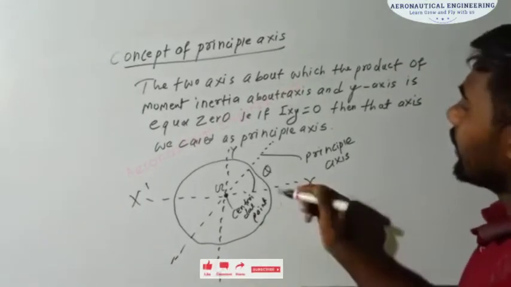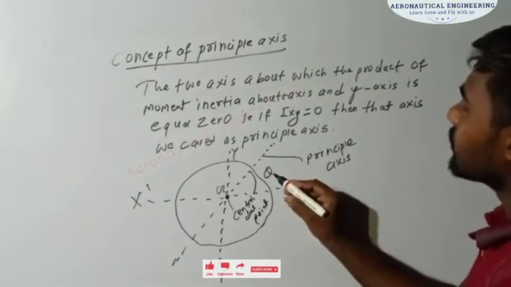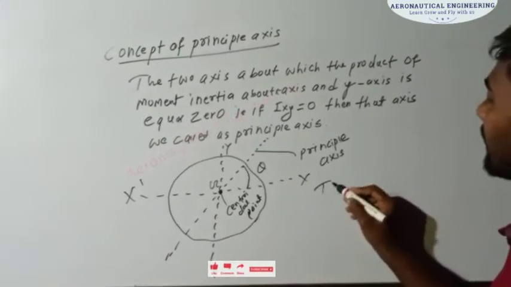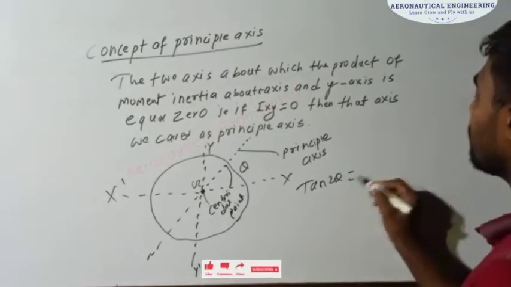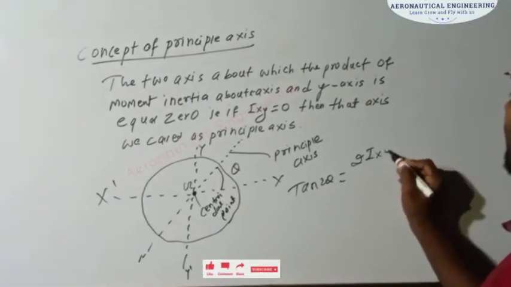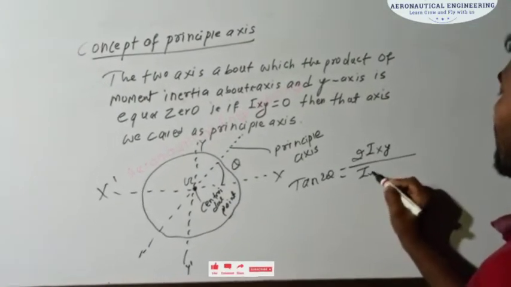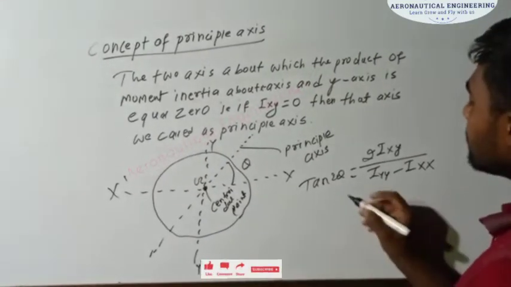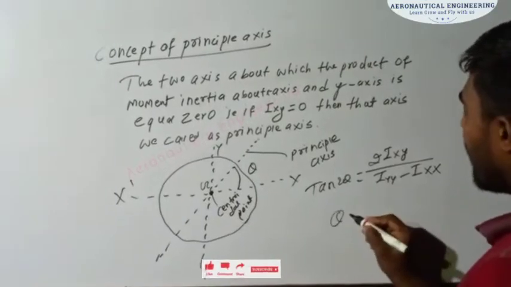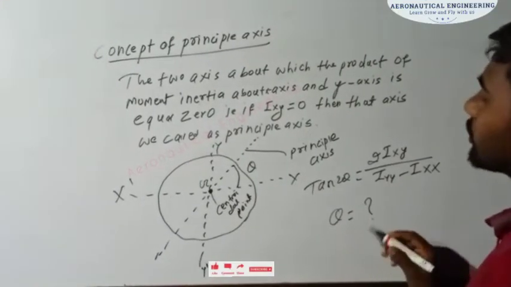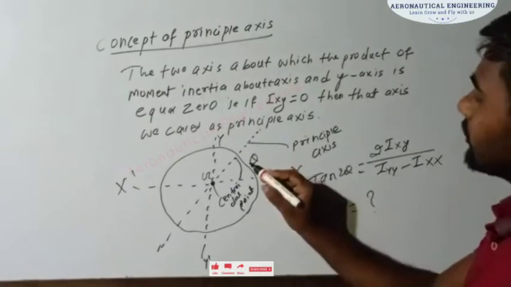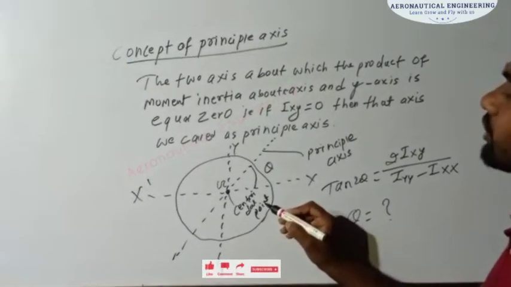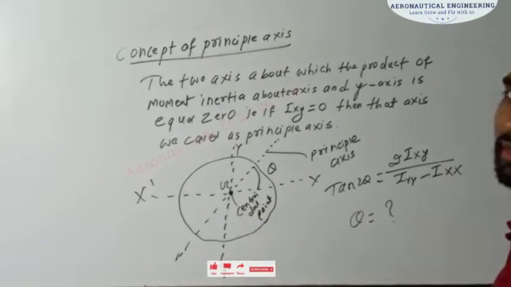To find theta, we use the formula tan 2 theta equal to 2Ixy upon Iyy minus Ixx, and calculate the theta value from here. So we can know the inclination of the principal axis with respect to the centroidal axis for this section.